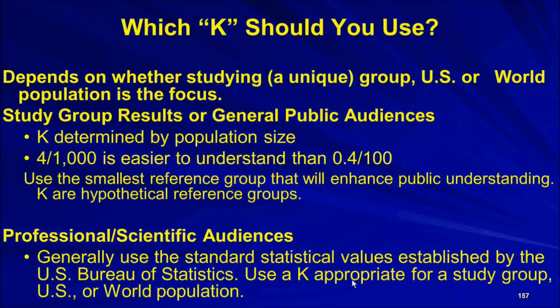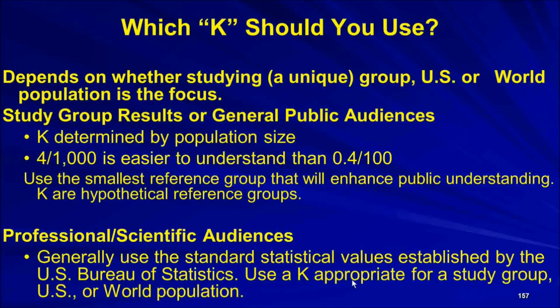So K depends on whether you're studying a unique group, the U.S. population, or the world population. Okay? Study group results or general population audience, K is determined by the population size. For example, 4 per 1,000 is easier to understand than 0.4 per 100.